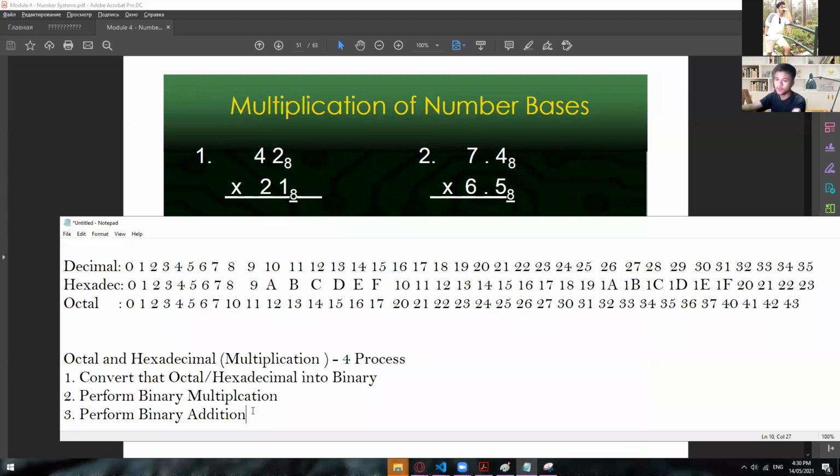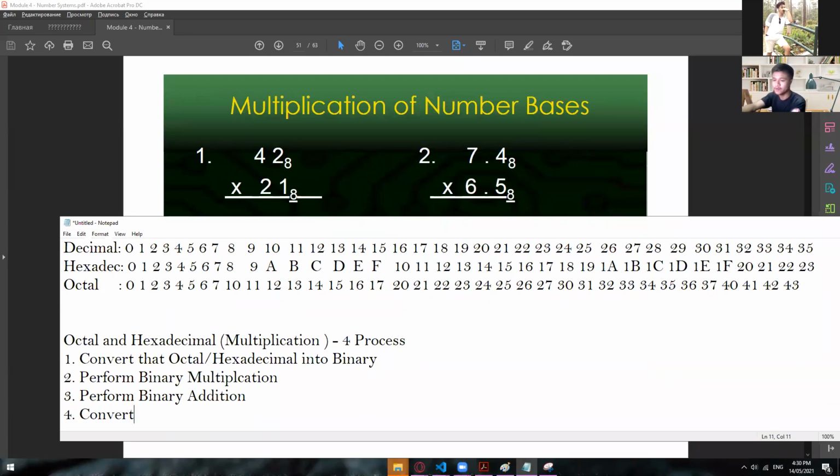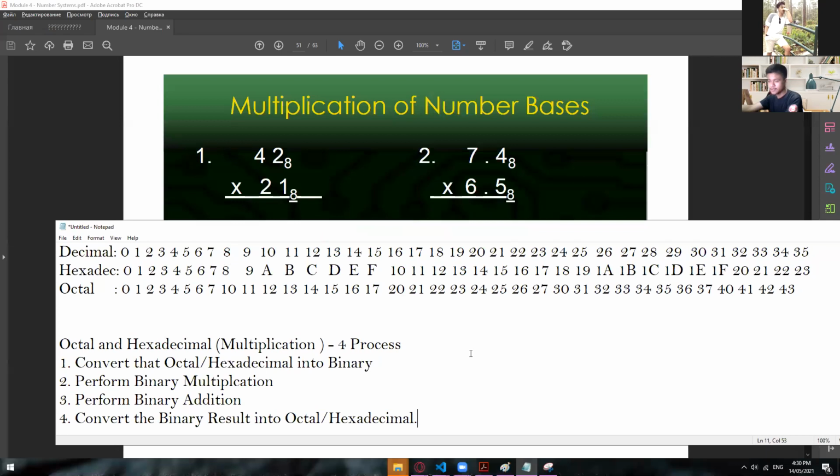So you have to convert the binary result into octal or hexadecimal. So basically, you have to bring that one back to its original format. So let's try to answer number one using those four processes.